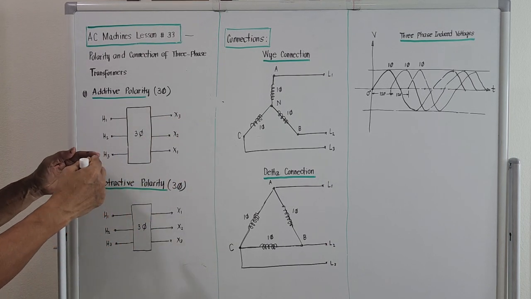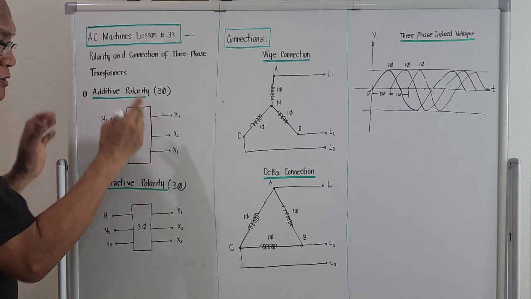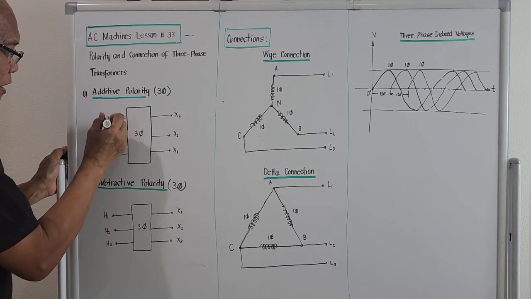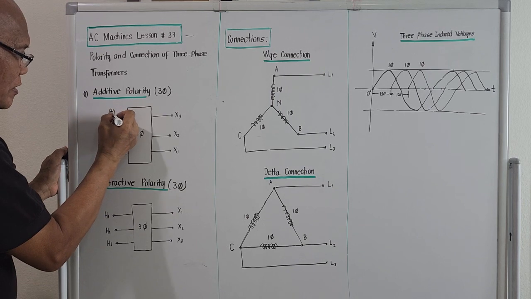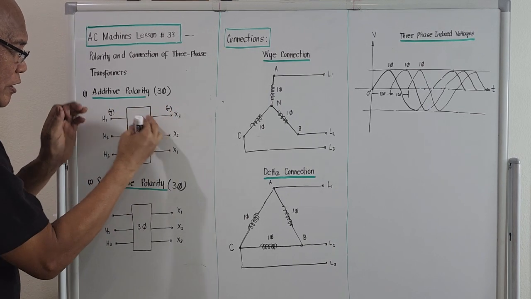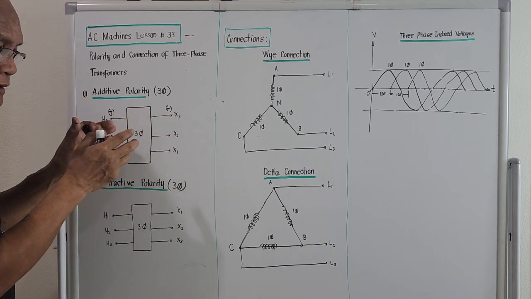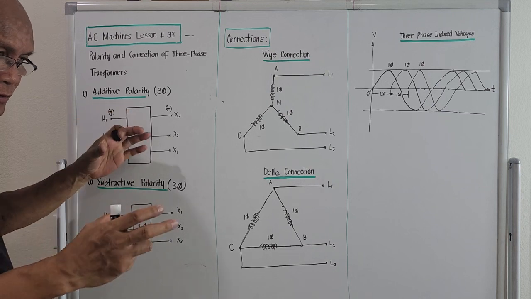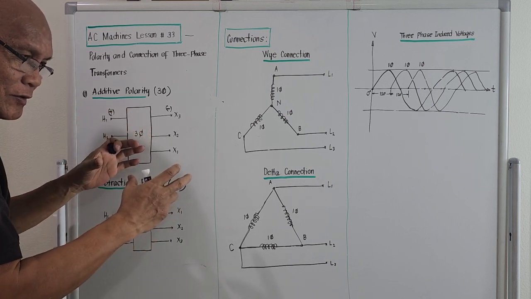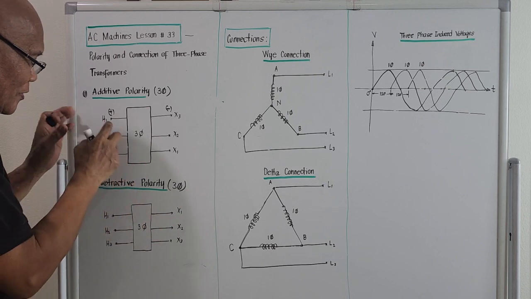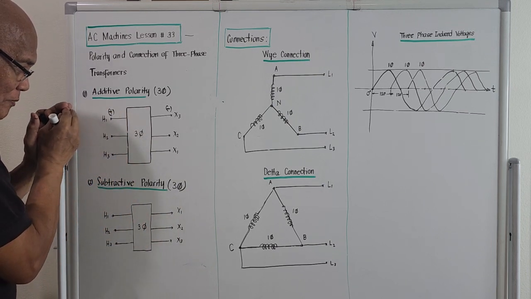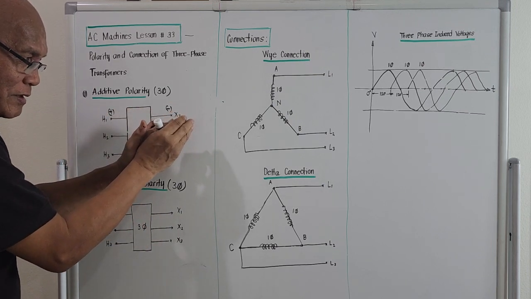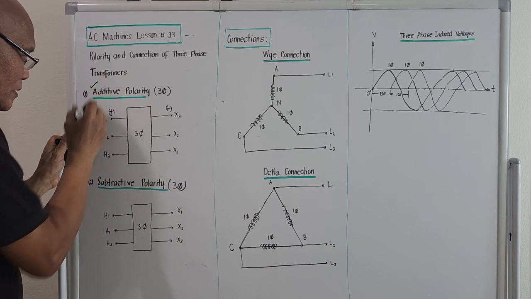If we connect the terminals H1 and H3, with this plus and this minus, and use a voltmeter, what will come out is the sum of the value on the primary side plus the value on the secondary side, so it is additive.